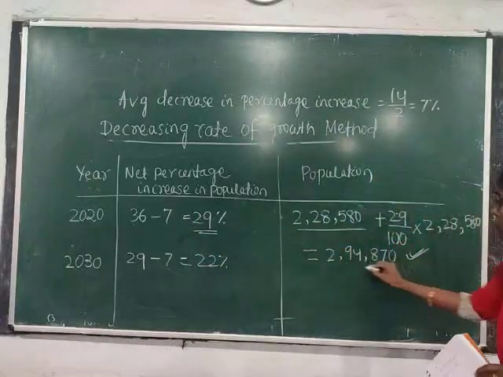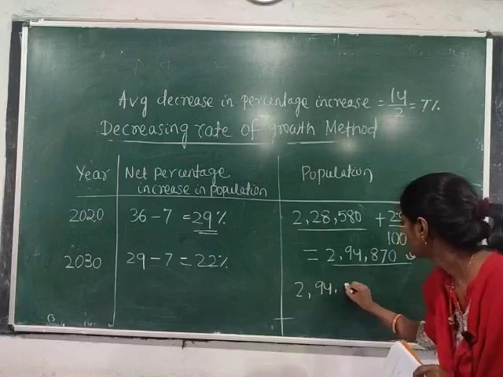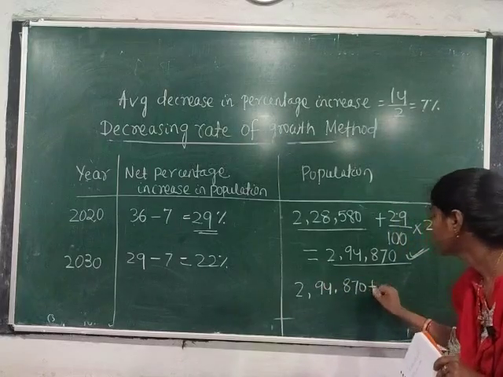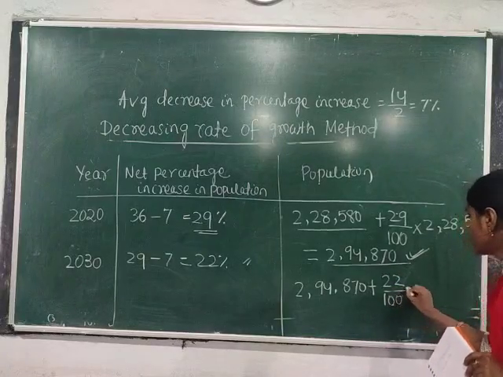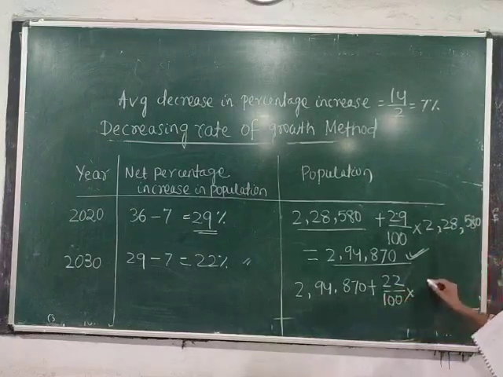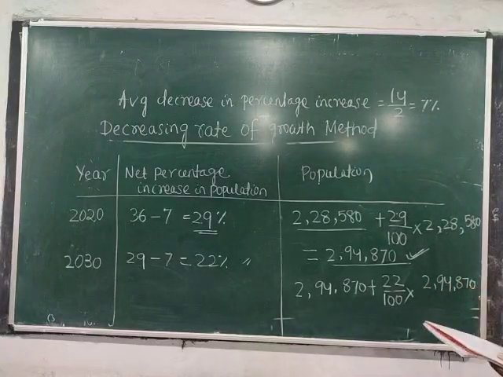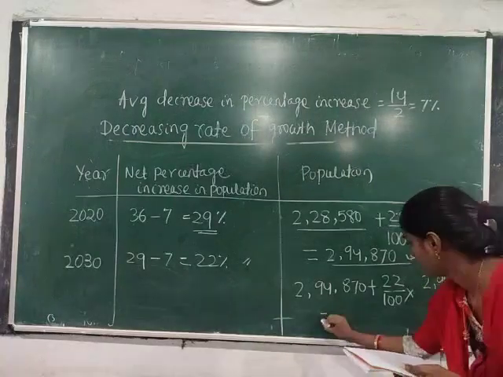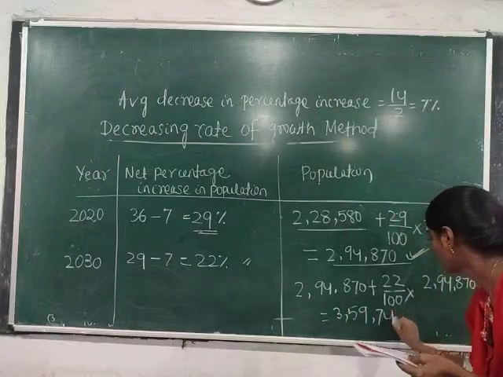We will consider the population of 2020. That means the population of 2030 will be 22% more than the population of 2020. So it comes out to be 3,59,740.